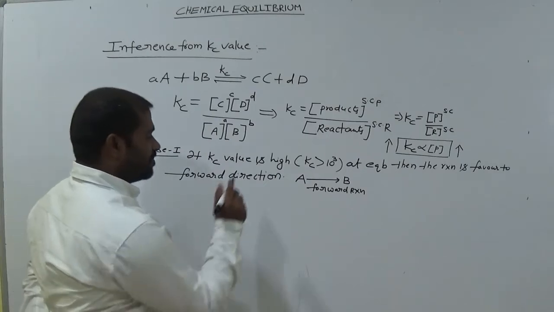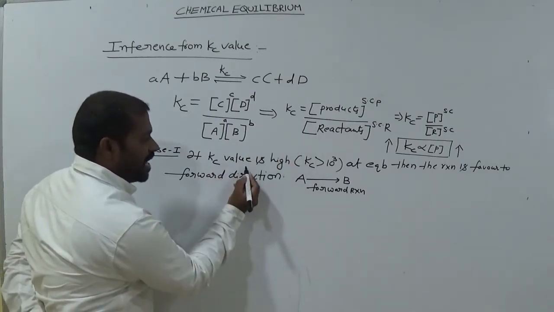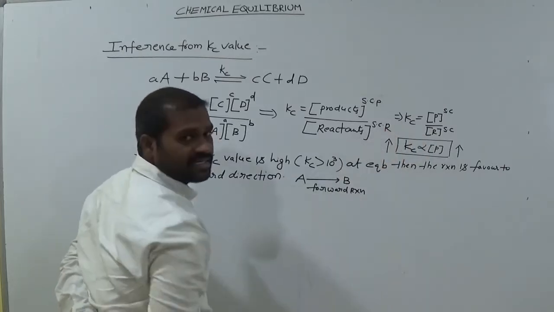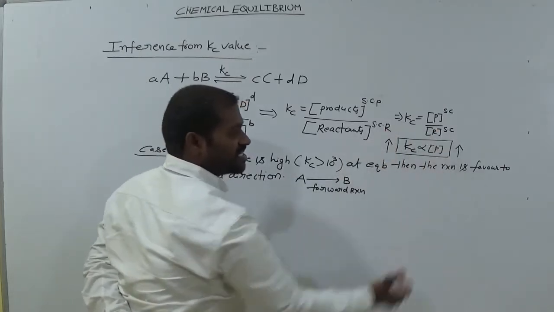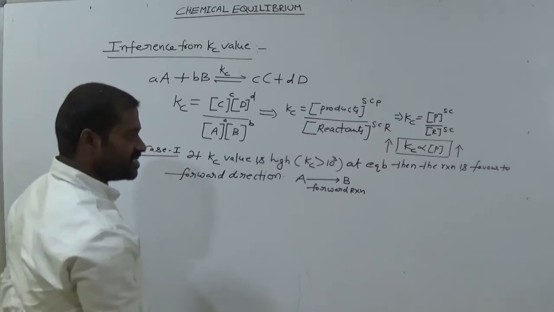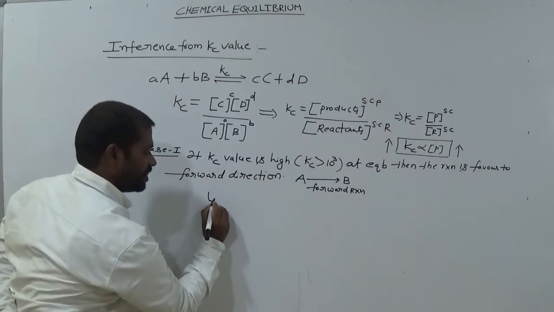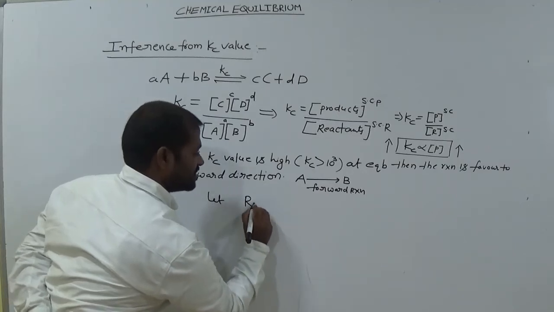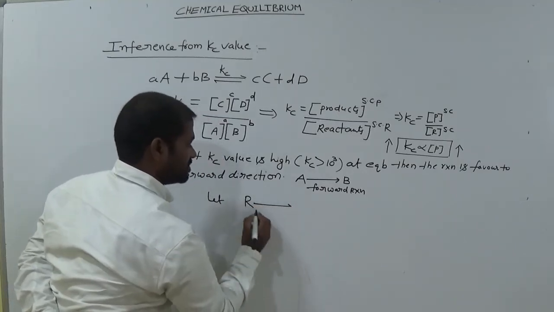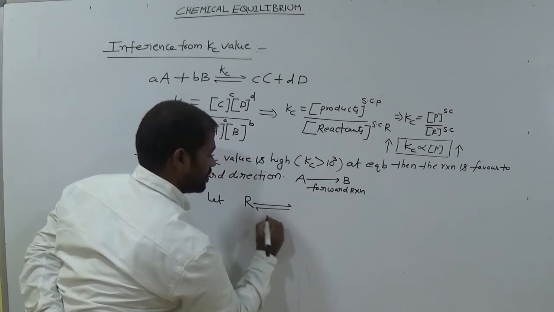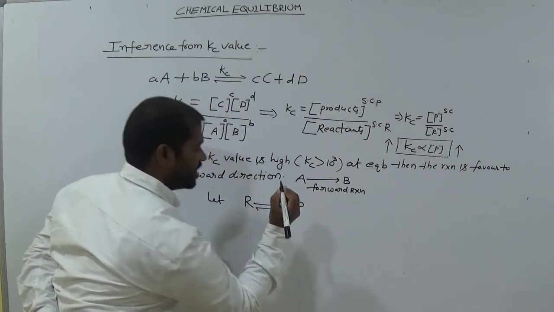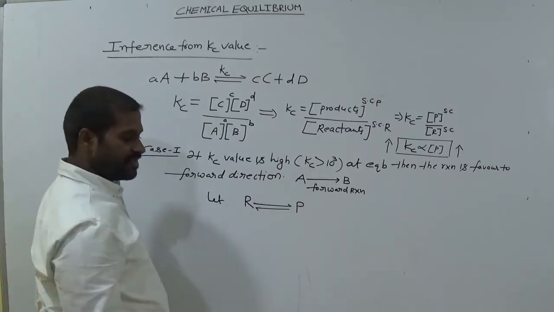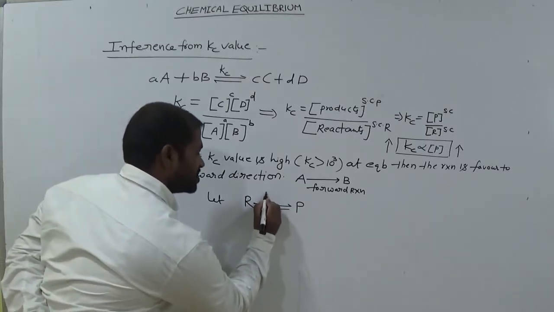So come to here, the Kc value is high. Then what happens? The product concentration is high or not? Let reactants and products be the equilibrium reaction, where the equilibrium constant is Kc.